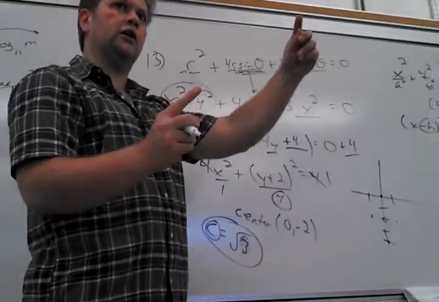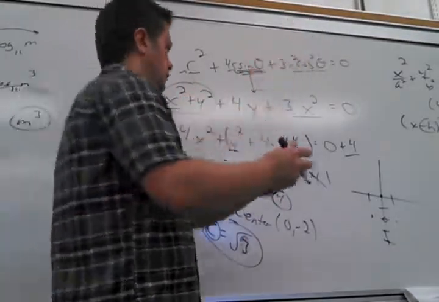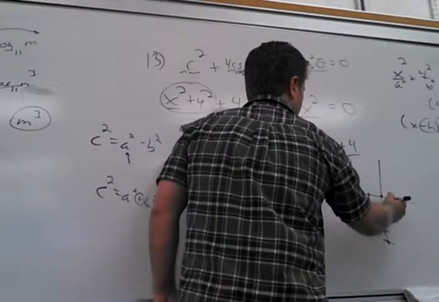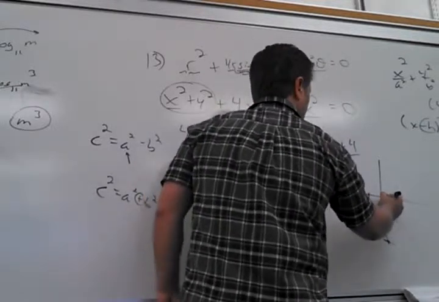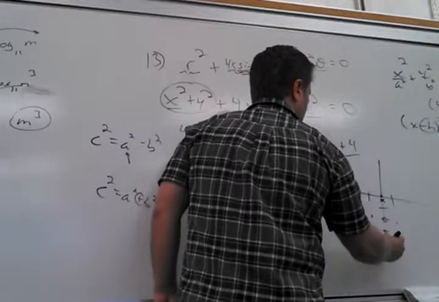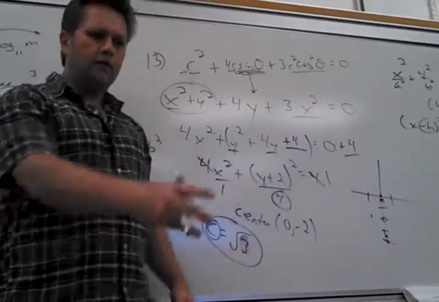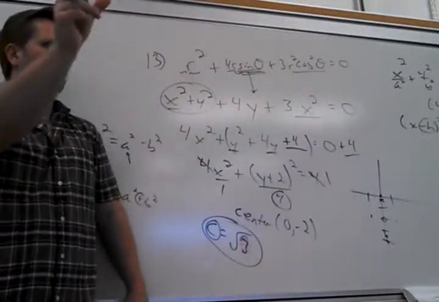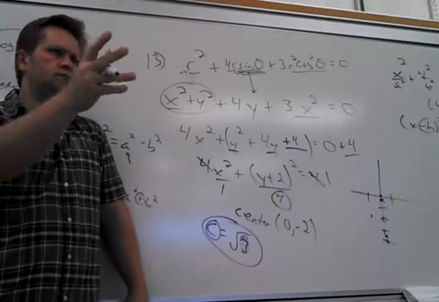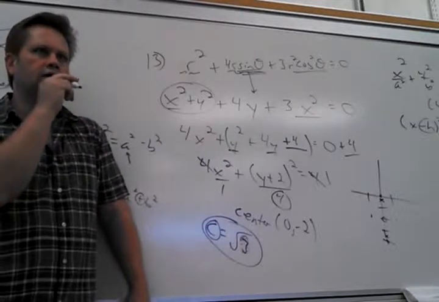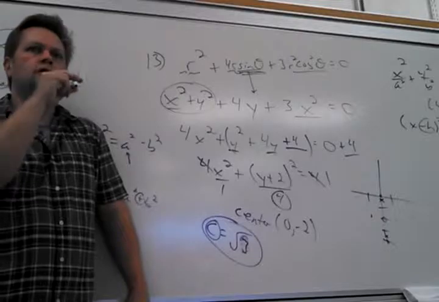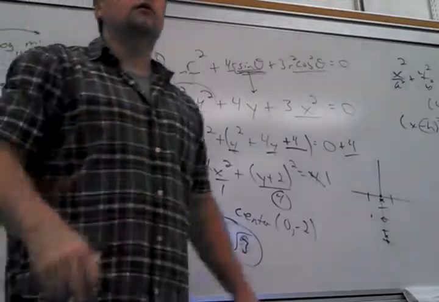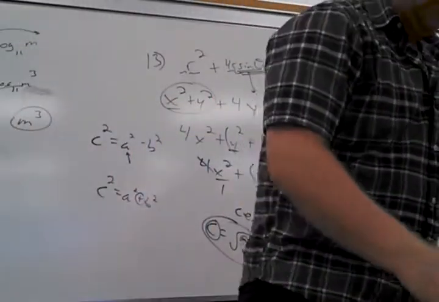C is how far from the center I go to get to the foci. So I would go up 1.7, whatever that is, down 1.7. I think I put on the answer key the actual points. Are you wanting the actual coordinates? No, it's okay. Yeah, good.